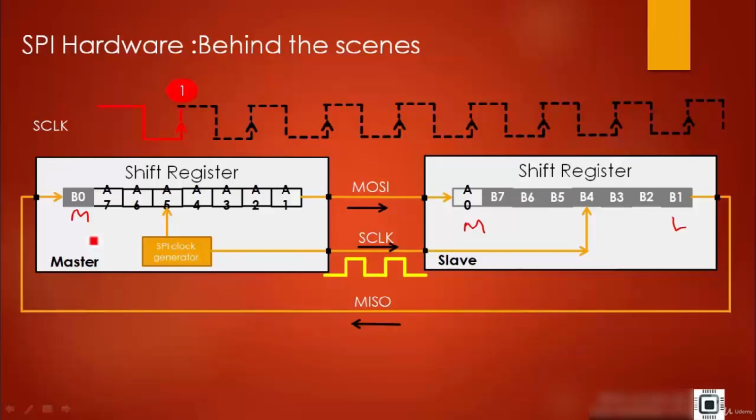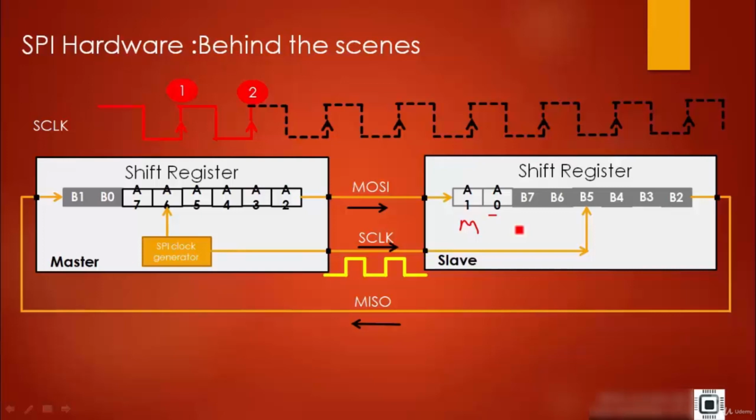If you can recollect from your basic electronics, shift registers shift position for each clock cycle, right? If you want to see it one more time, I will show you that. After one clock cycle, A0 is moved to slave, and B0 is moved to master. After the second clock cycle, you can see that A0 is moved by one position here, and A1 came to the MSB position.